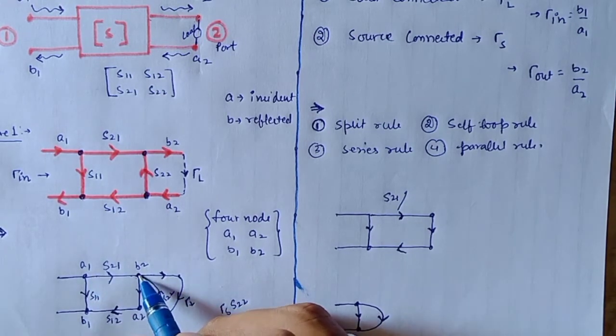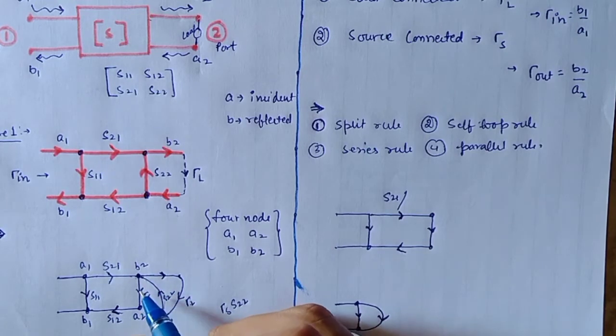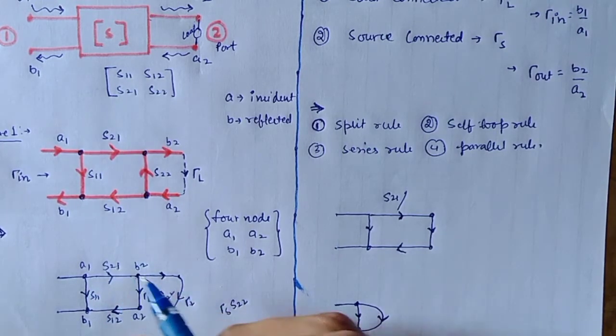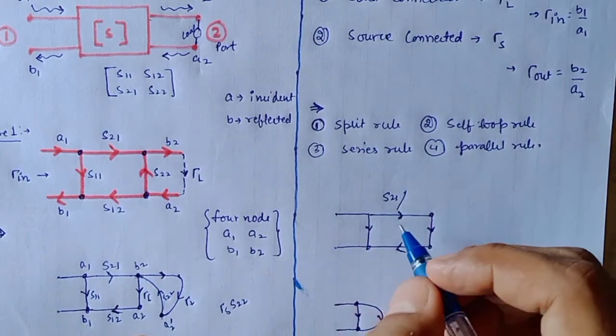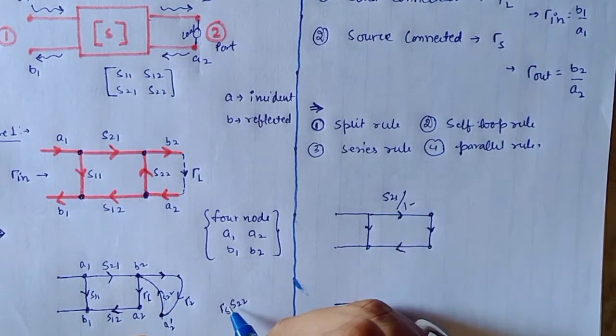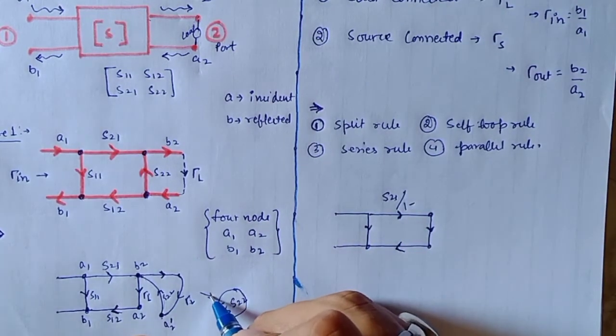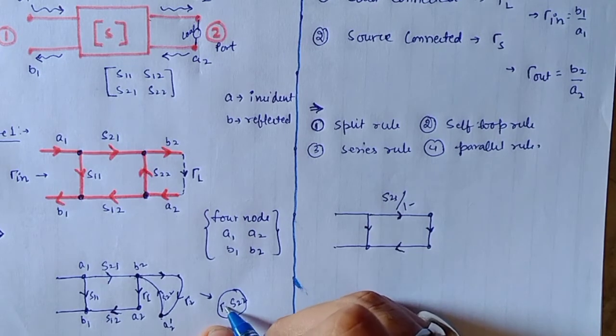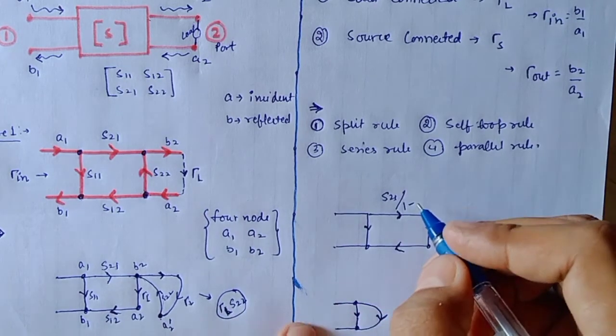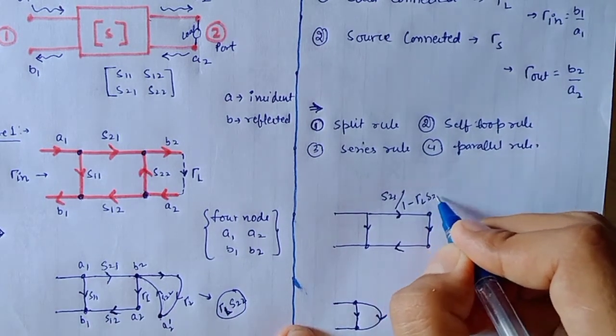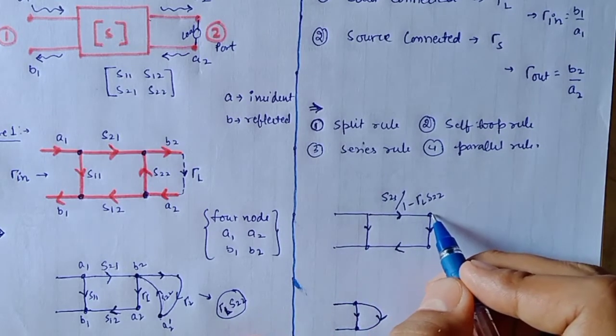Incoming is this one, I cannot apply the outgoing branch. So the incoming branch coefficient is S21, I have written as it is, and I should have 1 minus the coefficient of the self loop. The self loop coefficient is gamma L S22. So I have eliminated the self loop also.